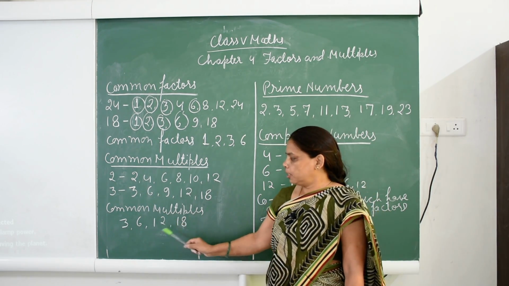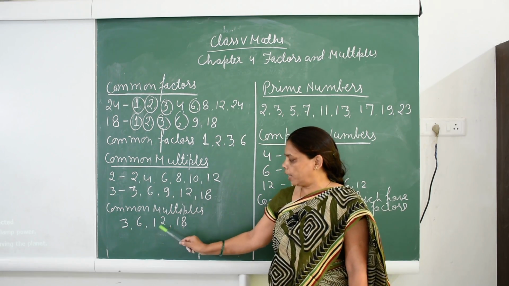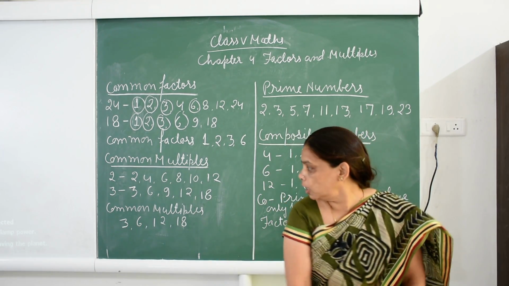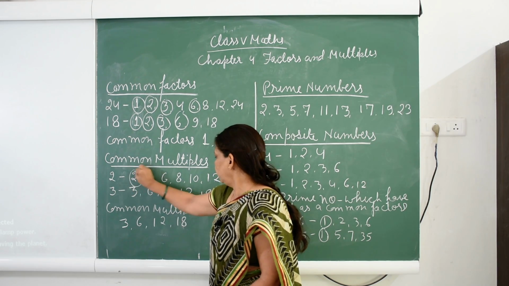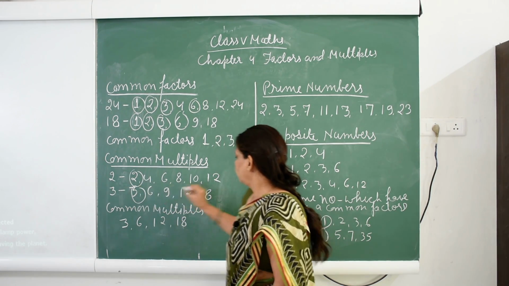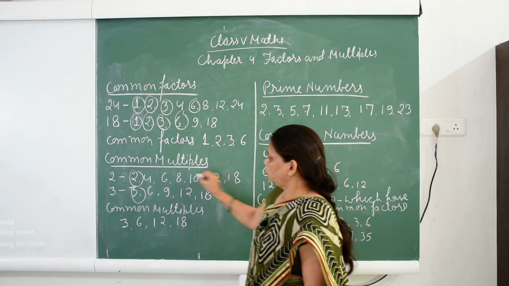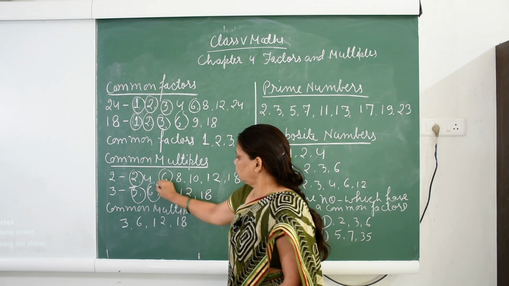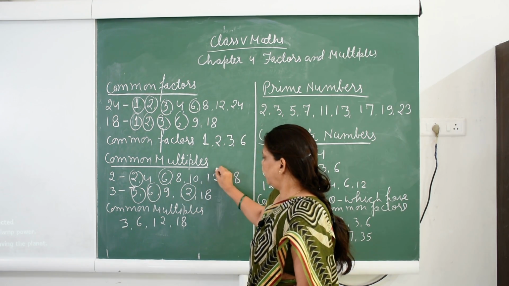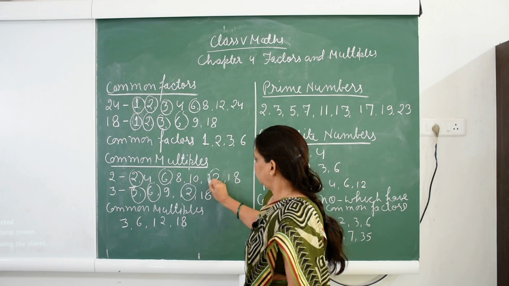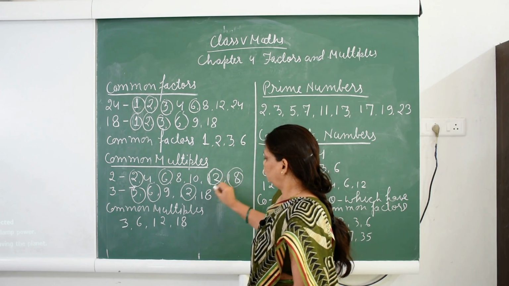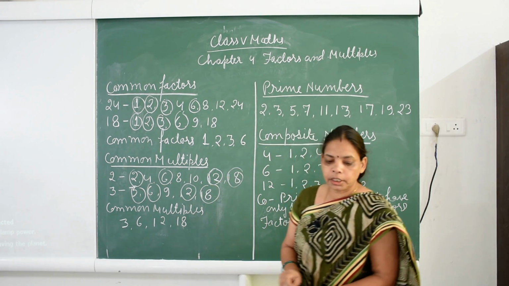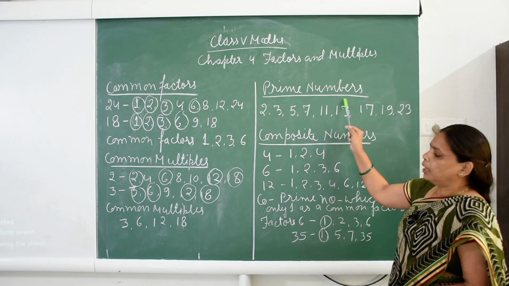So the common multiples are 6, 12 and 18. These are the common multiples of both numbers. Understand, children?